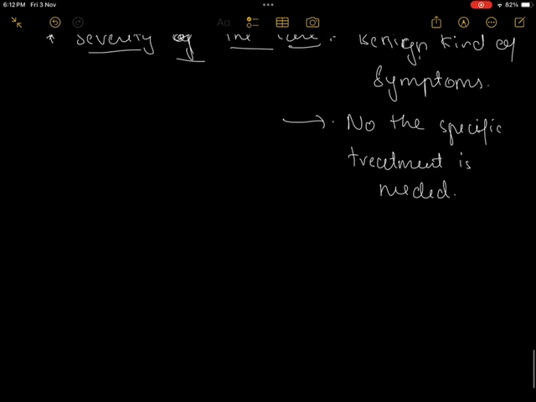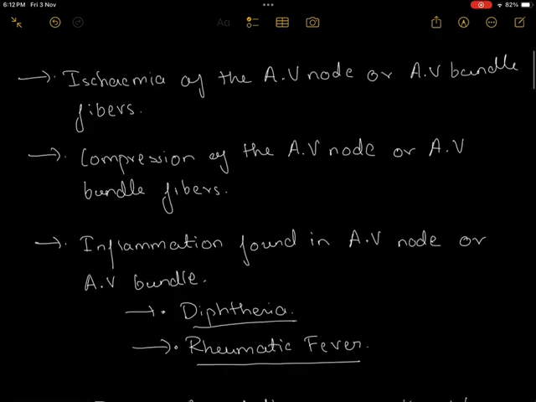Now coming to the second type of classification, what we call type 2 Mobitz classification.